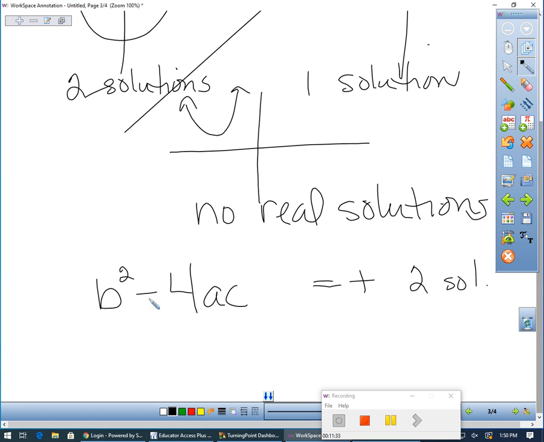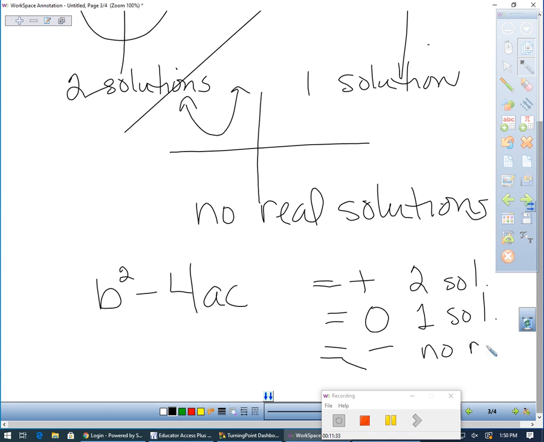If when we do underneath that square root, you get the answer of 0, you only get 1 solution. And if, when you do under that square root, you get a negative number like we did in example number 1, that's no real solution. Okay, so there's 3 things that could happen. Now, I tell you that because this technically is called the discriminant. Discriminant. There we go. Okay?